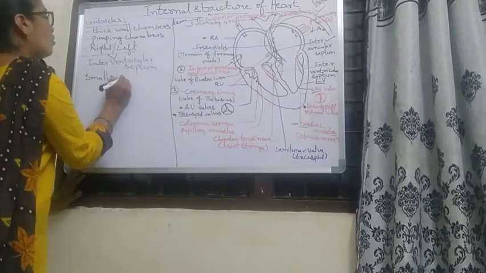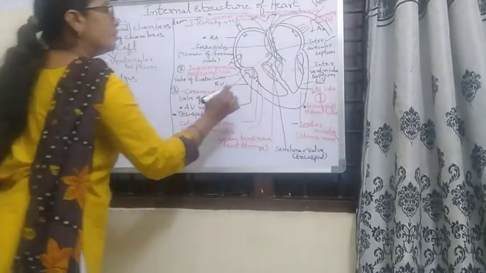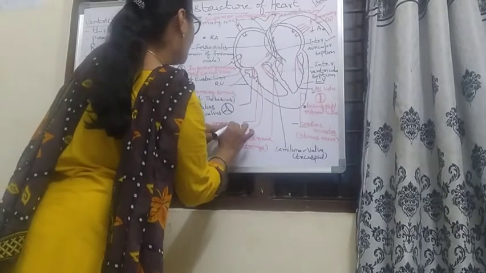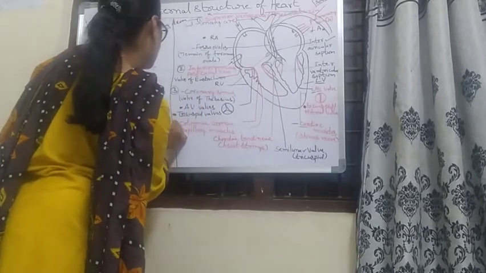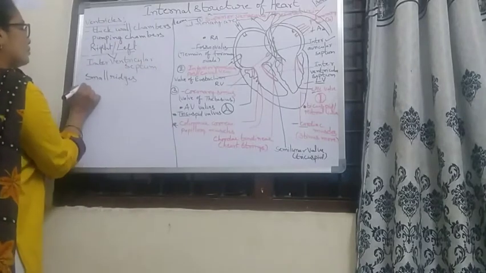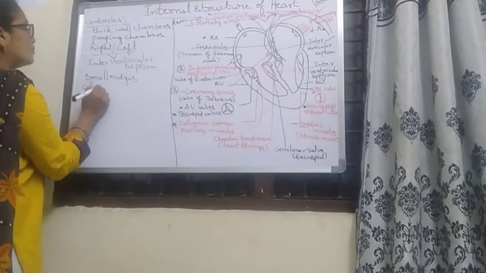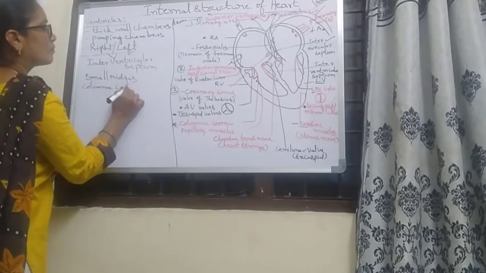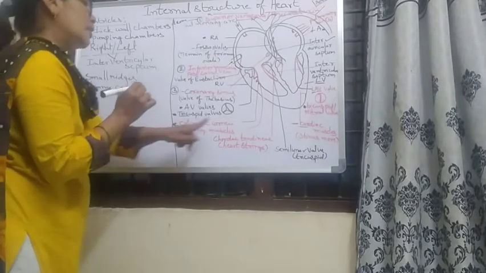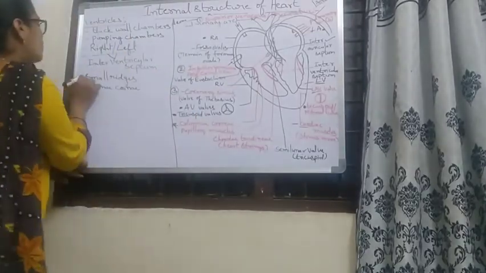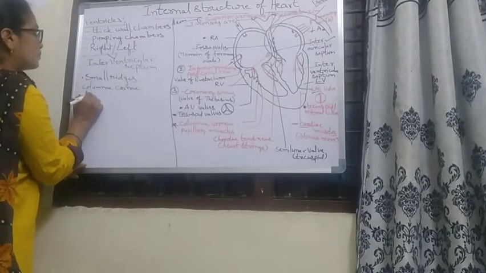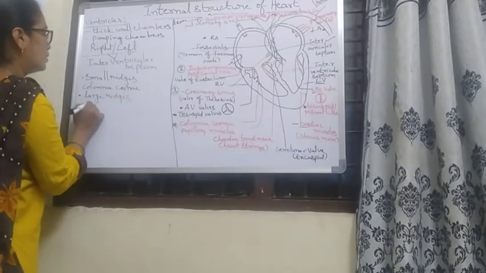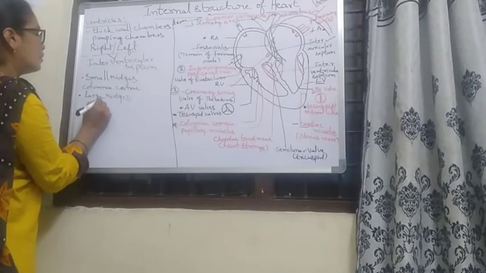The small ridges are called columnae carneae, and the large ridges are called papillary muscles.